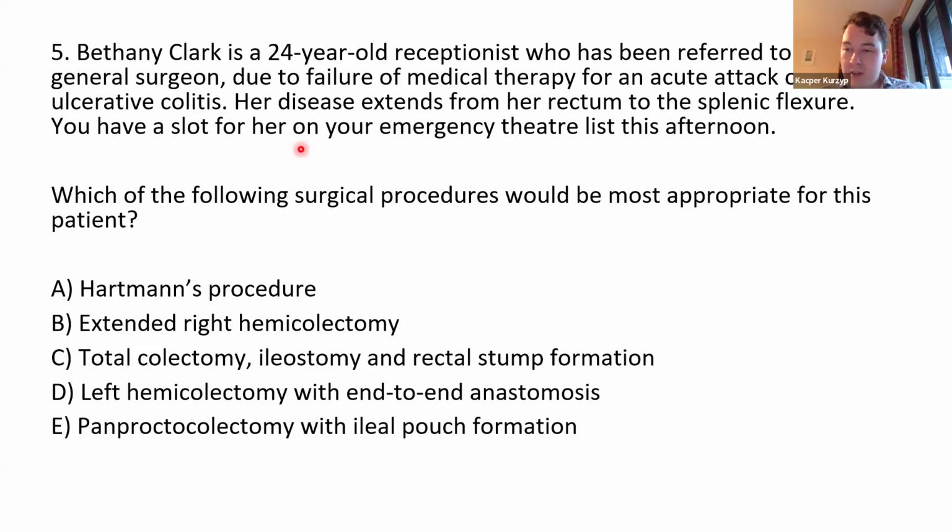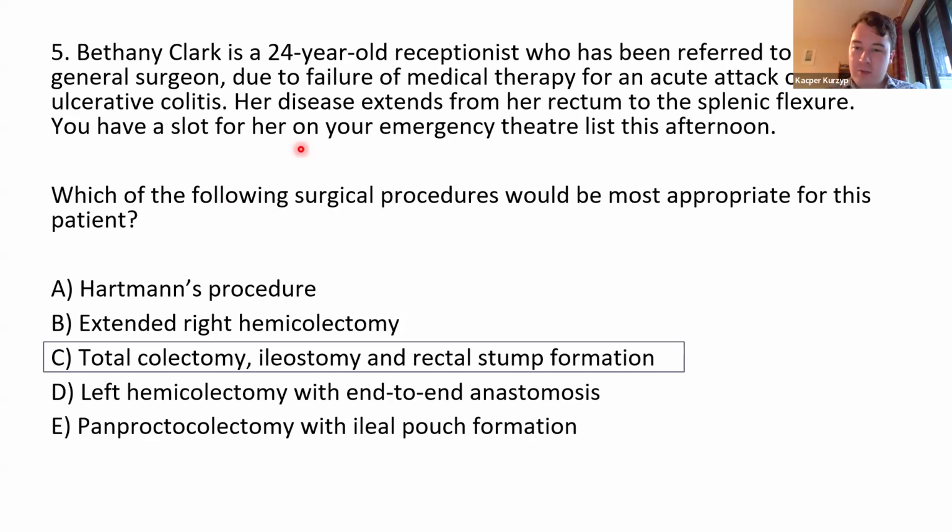Okay, it is indeed a question slightly above year 4 content, which is perfectly fair. So in this patient, out of the options, the total colectomy, ileostomy, and rectal stump formation is the most appropriate. The thing to consider is that you have a patient with ulcerative colitis, and it goes to the splenic flexure.